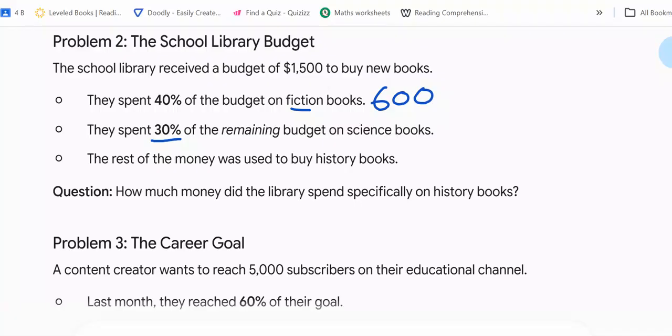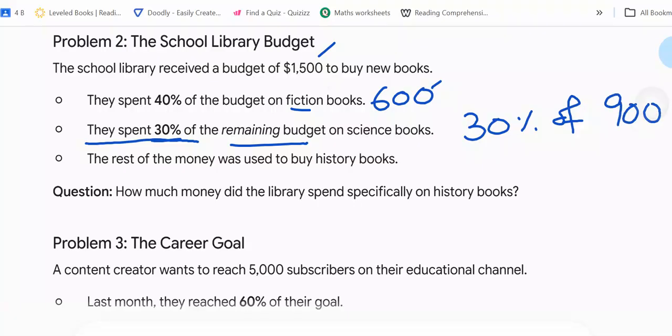Okay, now task number 2 is they spend 30% of the remaining budget on science books. So let's find out 30% of remaining budget. So 1500 minus 600 will be 900 left. So 30% of 900 we will do. Okay, we have to do step by step because it is multi-step word problems.